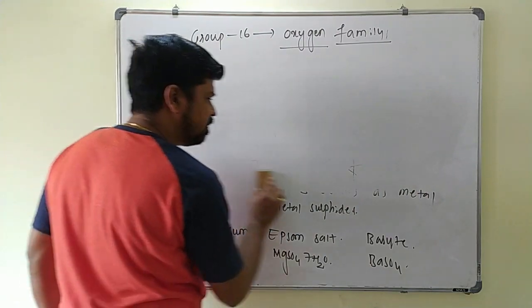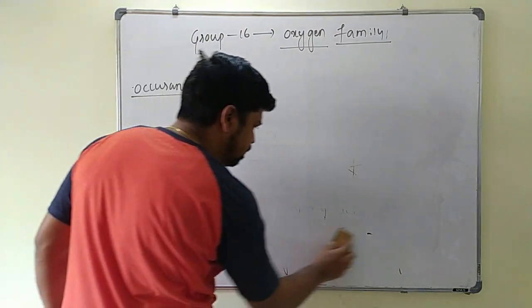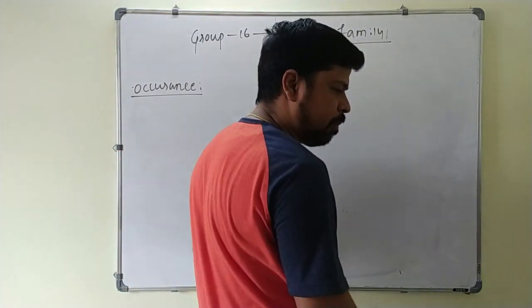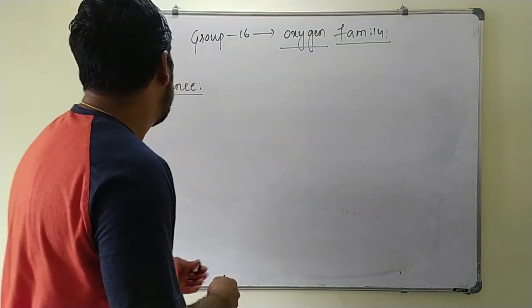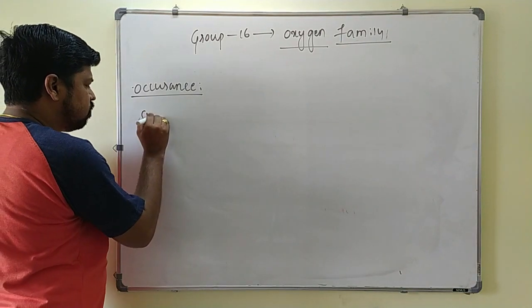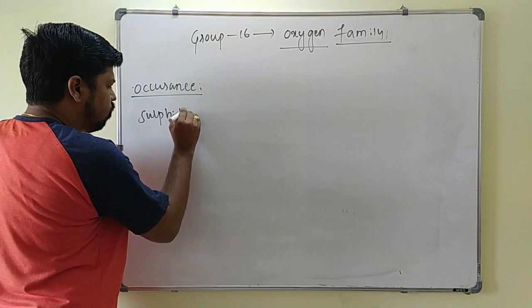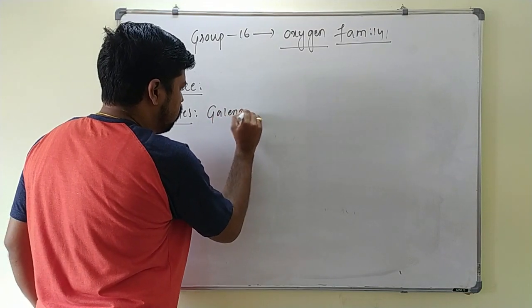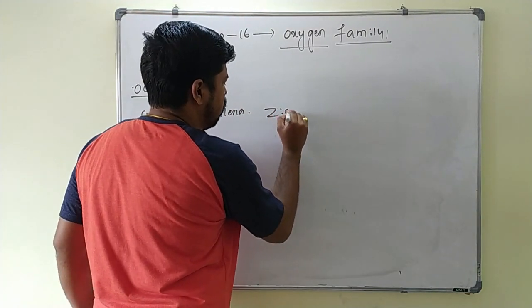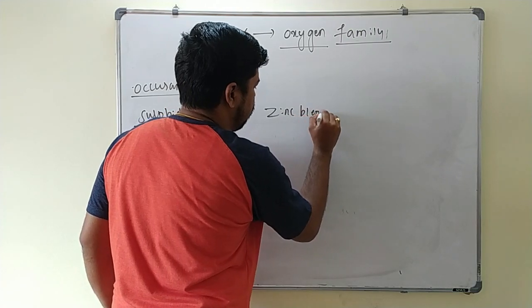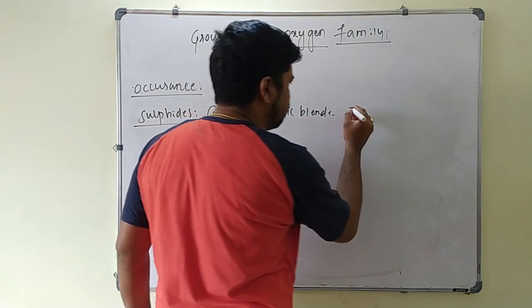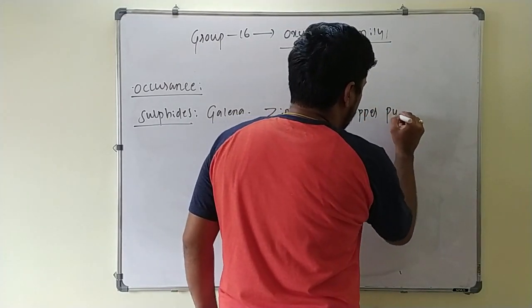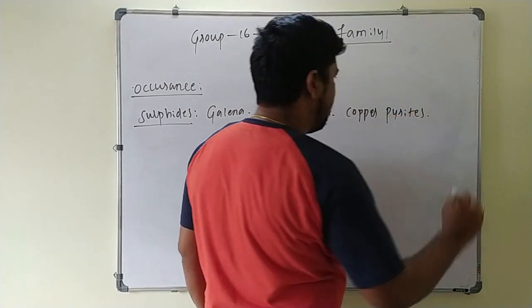As sulphides, it is available as galena, zinc blende and in the form of copper pyrites.